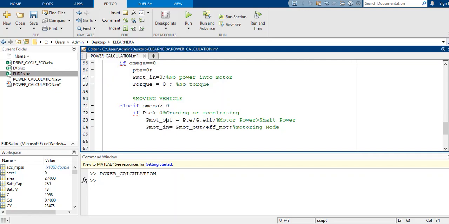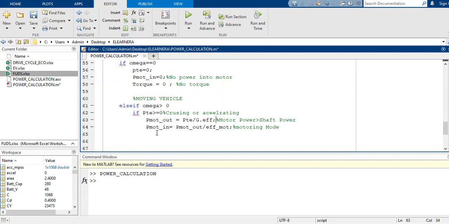So the motor output is equal to the traction power divided by the transmission efficiency. The shaft power is always less than the motor power, so for this calculation we use the transmission efficiency factor.